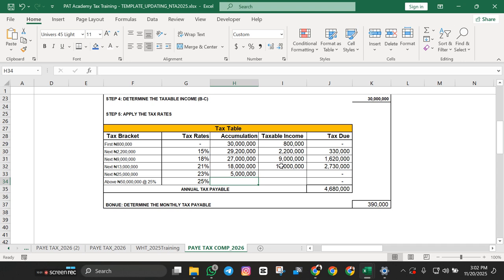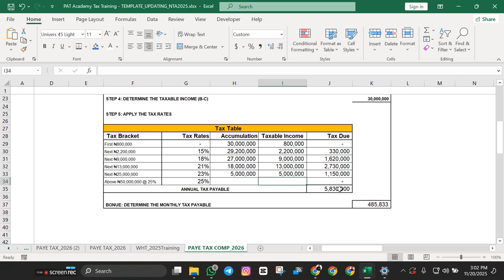I'm doing this because I know most of you might not be familiar with Excel, but the way I've explained, you'll be able to press your calculator to achieve what I have done so far. We only have 5 million naira left, and we are supposed to tax the next 25 million, but we can only tax the remaining 5 million naira. So we just tax the remaining 5 million naira.